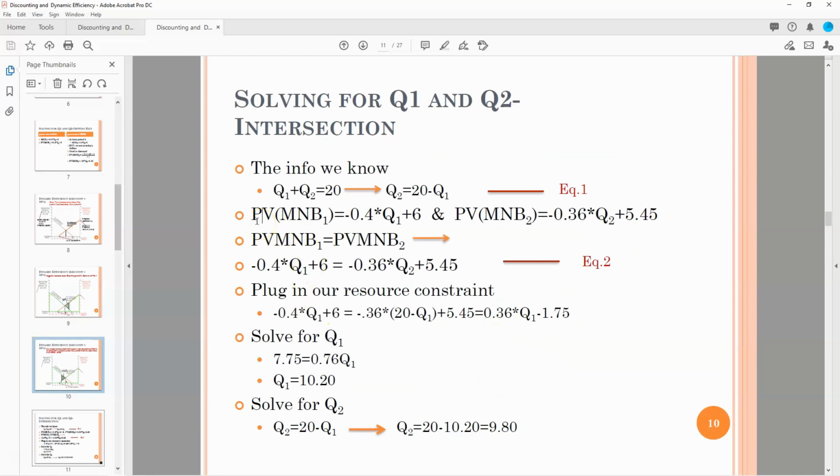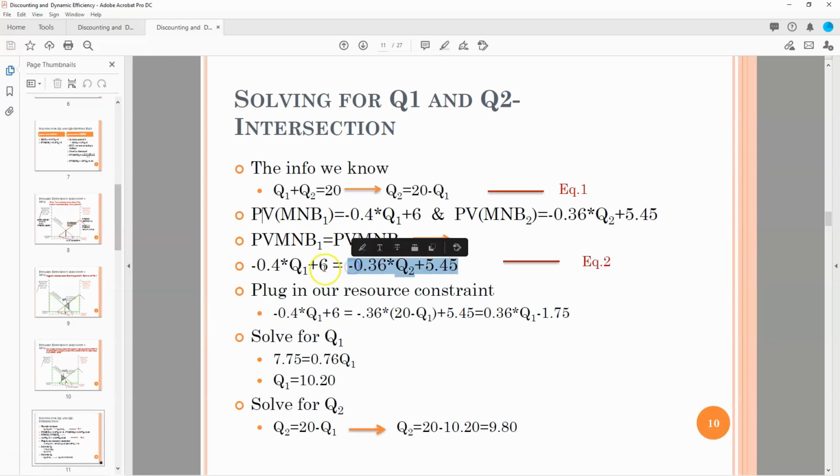That means PV-MNB1 is equal to PV-MNB2, and PV-MNB1 is equal to minus 0.4 times Q1 plus 6, and PV-MNB2 is equal to minus 0.36 times Q2 plus 5.45.